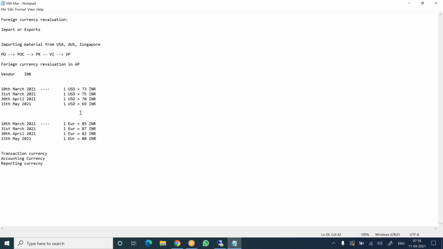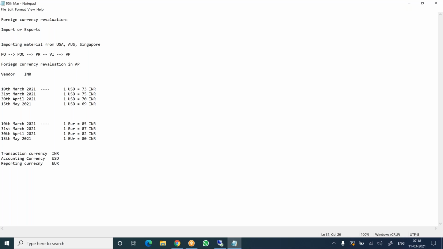So the transaction currency is INR, the accounting currency is US dollars, and the reporting currency is euros.